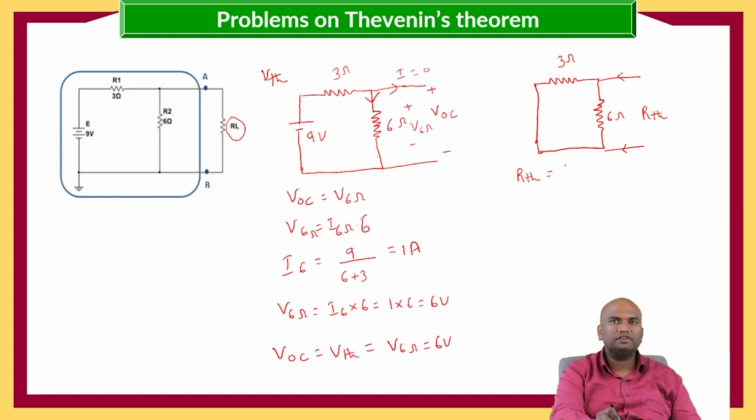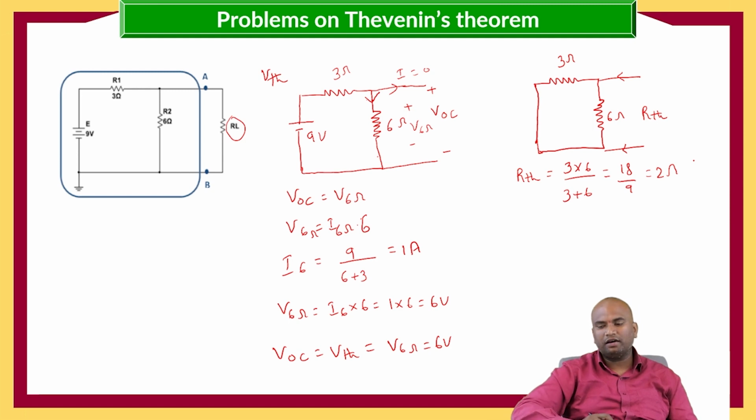So RTH is equal to 3 into 6 by 3 plus 6, that is 18 by 9, which is equal to 2 ohms. This is the RTH.